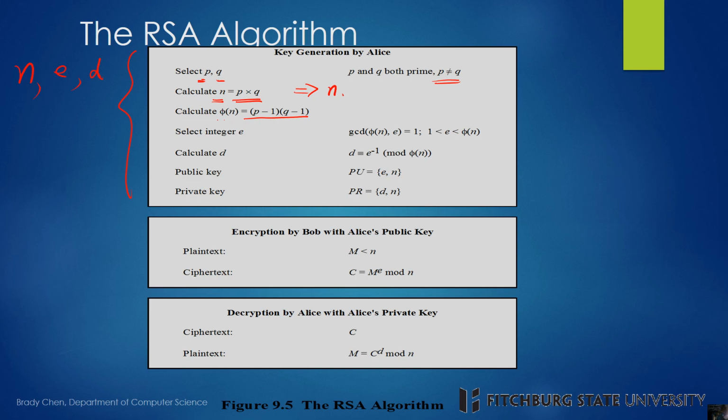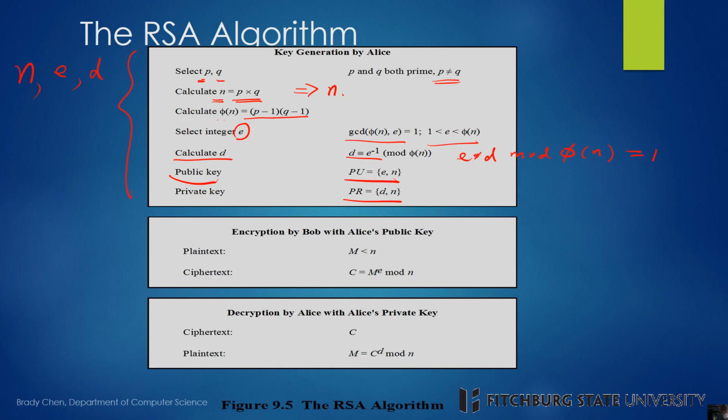Then we select an integer E between 1 and phi of N such that the GCD of phi of N and E is 1. Then we calculate D, the multiplicative inverse of E modulo phi of N, in other words E times D modulo phi of N is 1. Then we make the public key, which is E and N, and the private key, which is D and N.